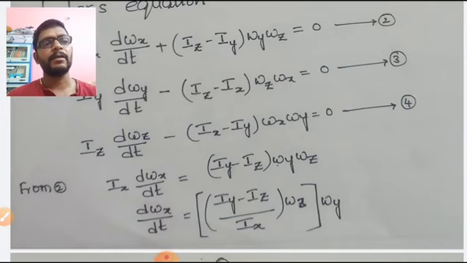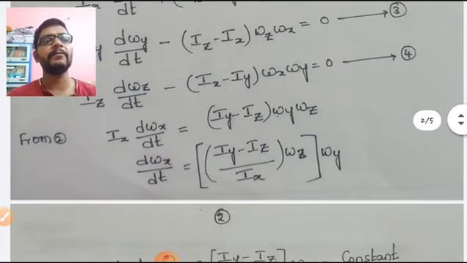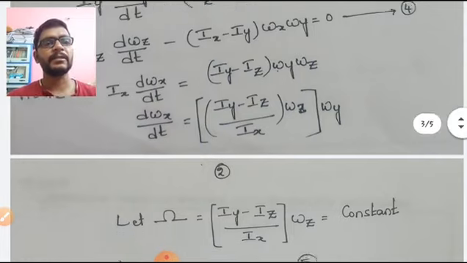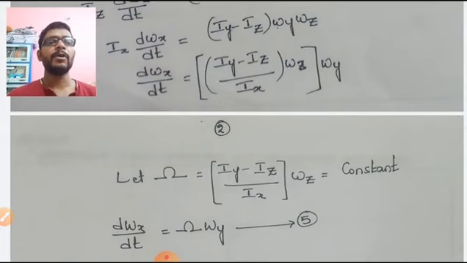Now let us assume the term (Iy minus Iz) by Ix into omega z is equal to capital omega, which is a constant.